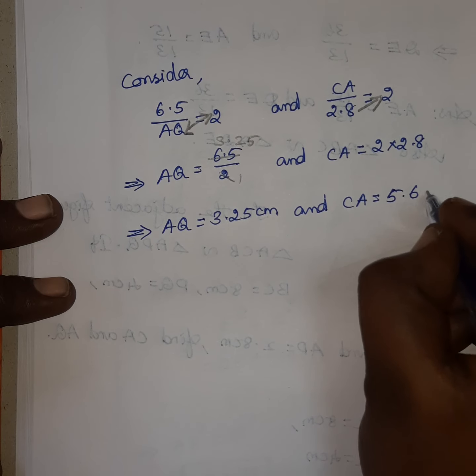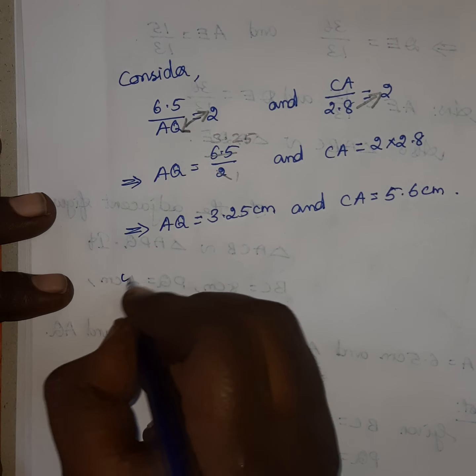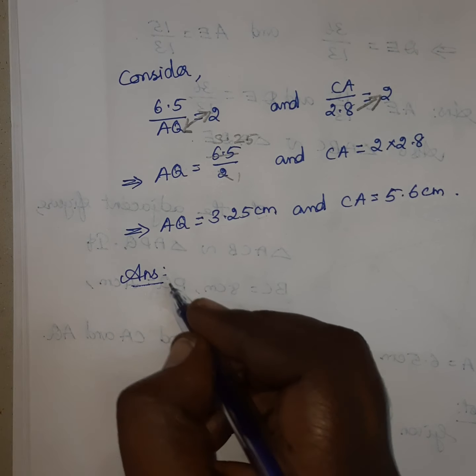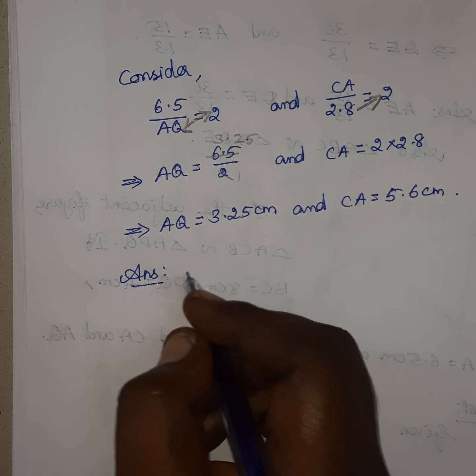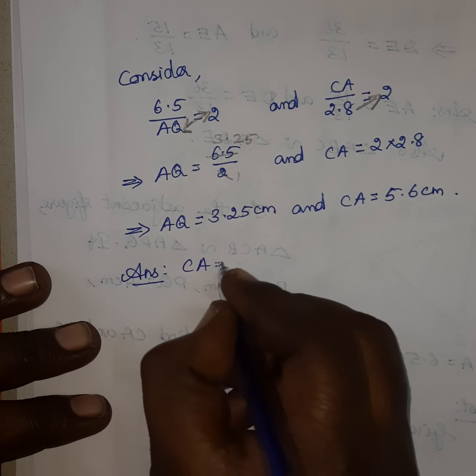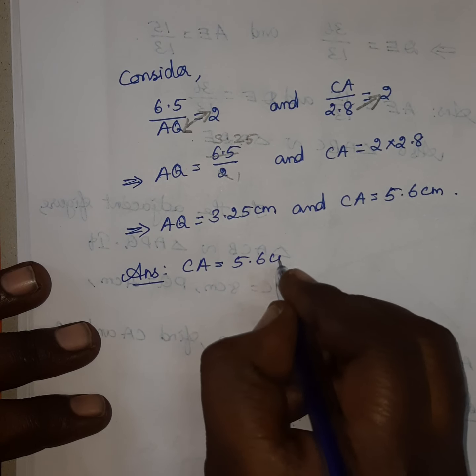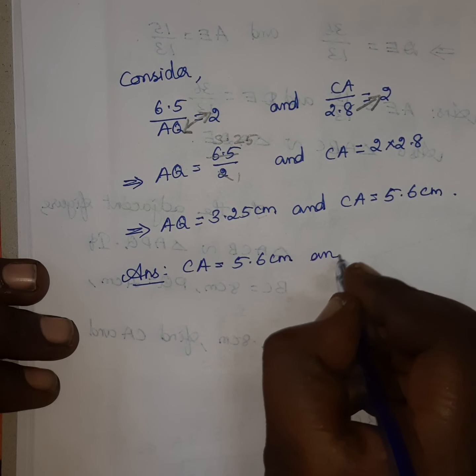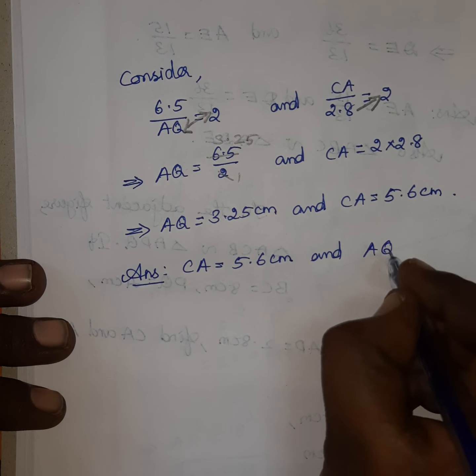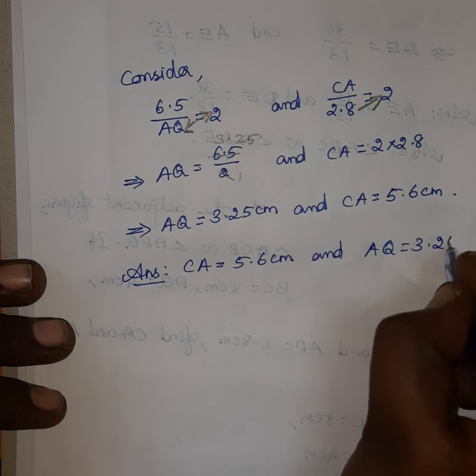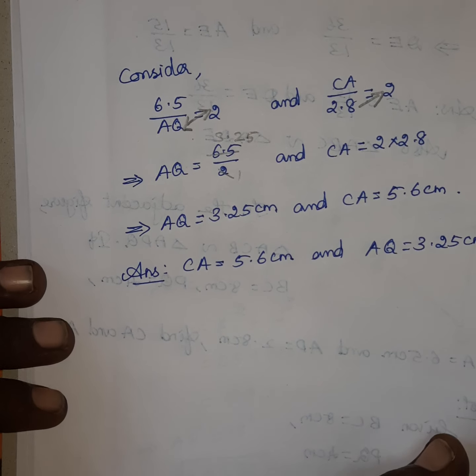So we can write as 5.6 centimeter. So final answer is, as it is asked, CA value first. So CA equal to 5.6 centimeter and AQ equal to 3.25 centimeter. Okay, are you all clear?